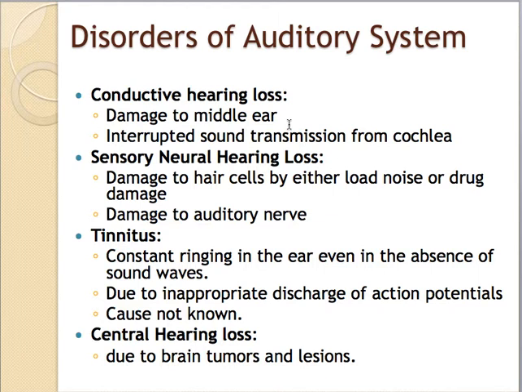For sensory hearing loss, you have damage to the hair cells in the cochlea. This could be due to loud noise or drug damage, and certain antibiotics will damage these hair cells. Or you could have damage to the auditory nerve. These are areas that I want you to be familiar with.